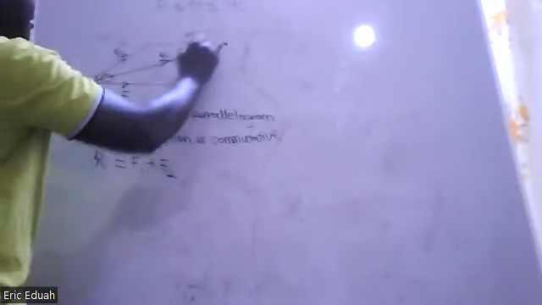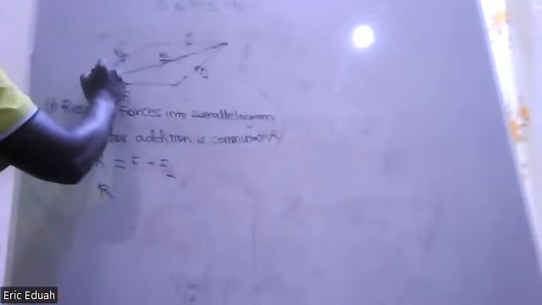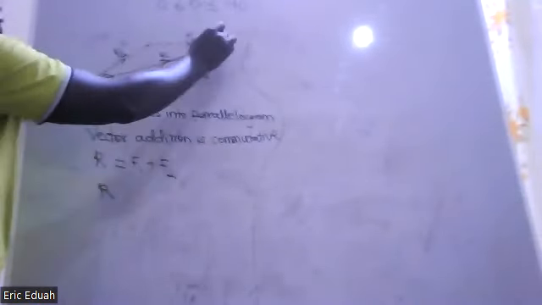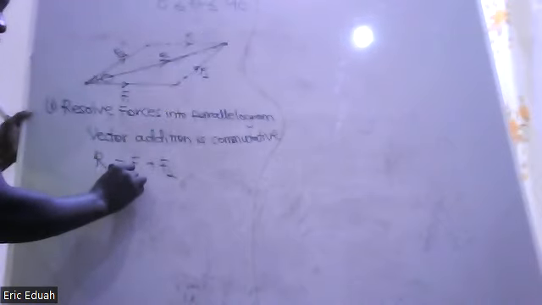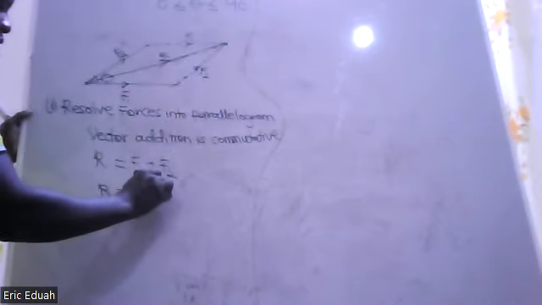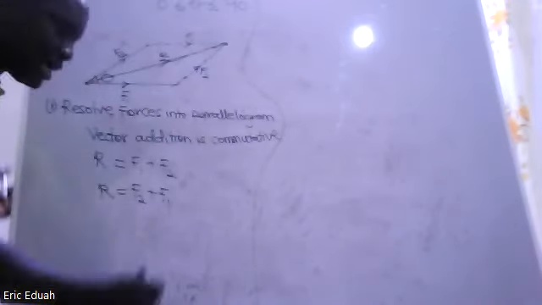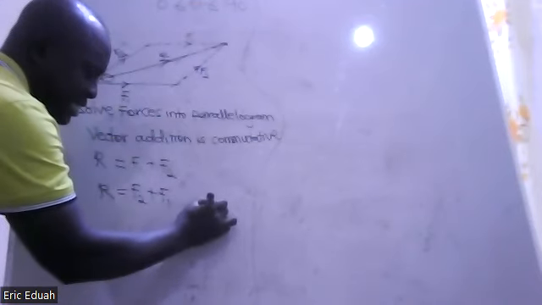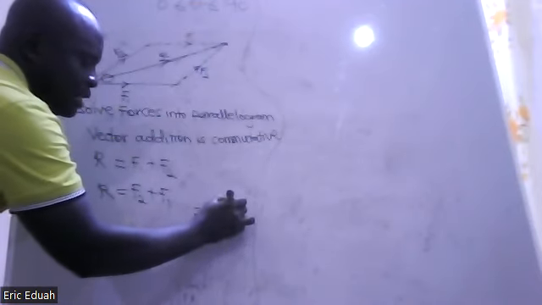The same R can also be obtained by F2 plus F1. And because of this, we say that vector addition is commutative. Don't forget, 2 plus 3 is equal to 3 plus 2. It doesn't matter the order. Are we fine?